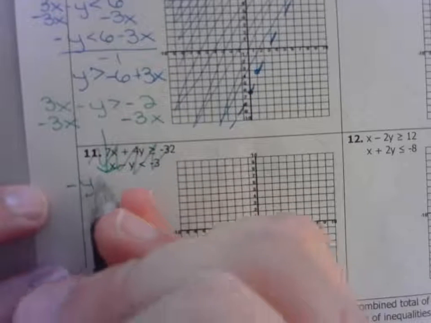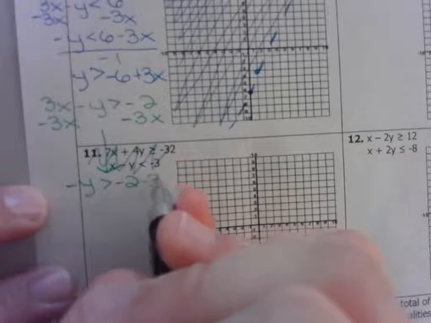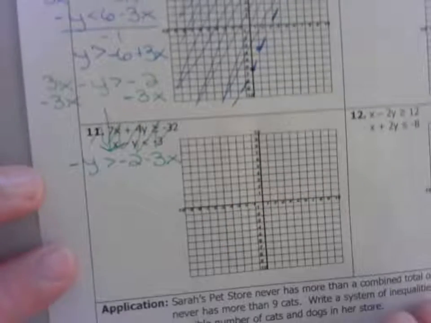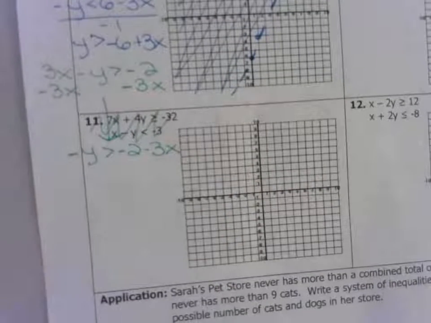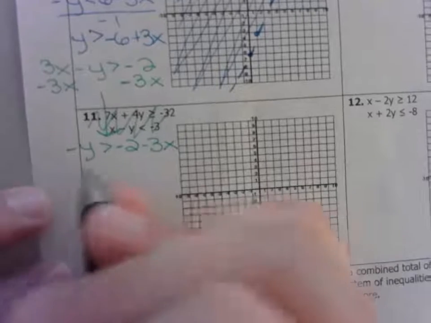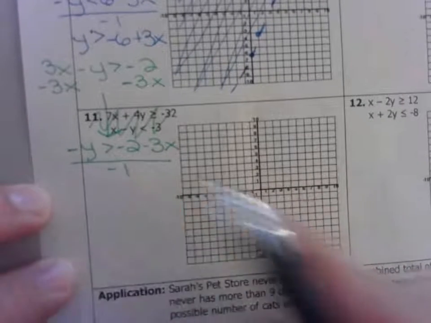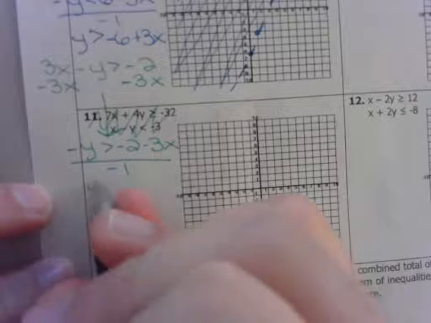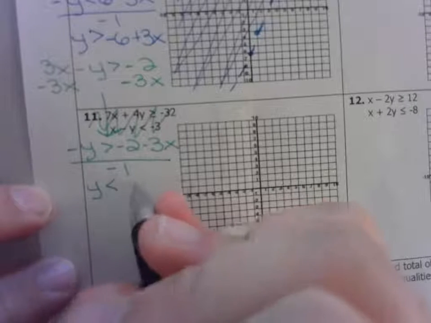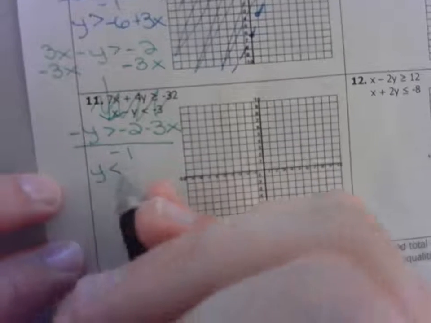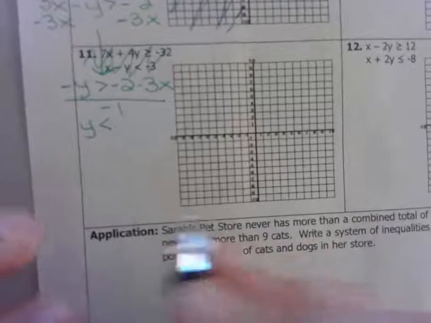Negative y is greater than negative 2 minus 3x. Divide by negative 1, good, we're getting the hang of this stuff. Y is less than, you switch the direction because you're dividing by a negative. Y is less than positive 2 plus 3x.